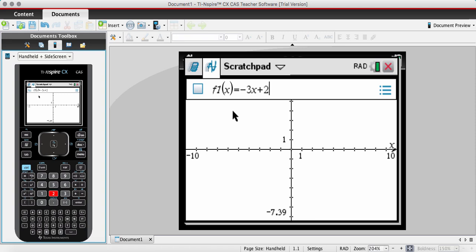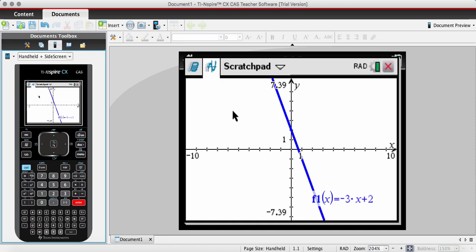It recognizes both. Then you simply push enter, and there is your linear function. It is graphed for you. It's beautiful. It's blue. If you graph another one, it's going to be a different color. It's very nice and neat, and it's right there for you to see.